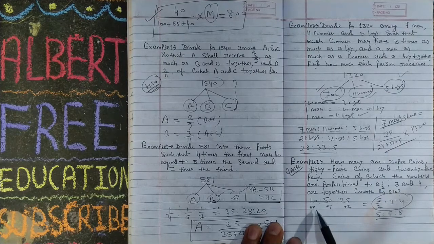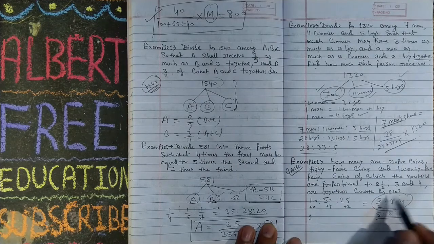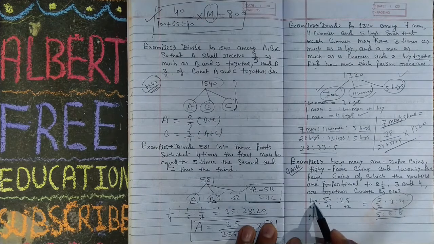You can also think like this. This is the 1 rupee coin. Suppose I do not want to change to paisa, then you can also write like this: 100 paisa is equal to 1 rupee into x, ratio this is 1 upon 2 into y, and this is 1 upon 4 into z.